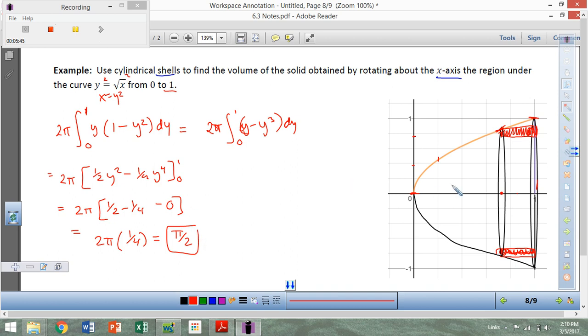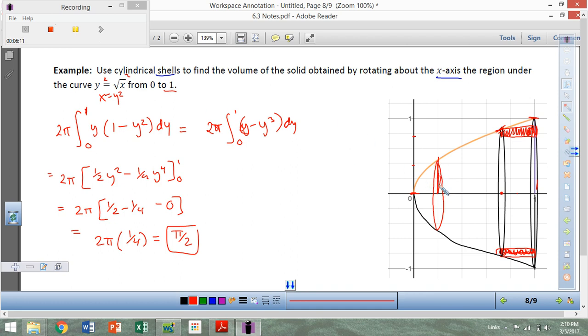Okay, this is a case where using disks is probably a lot easier, and we did this problem as well in the video on disks. Using a disk, my rectangle is oriented vertically, which means I'm going to get circles, and the radius of those circles is just going to be determined by y equals the square root of x.